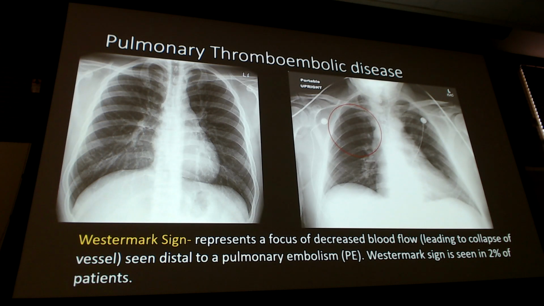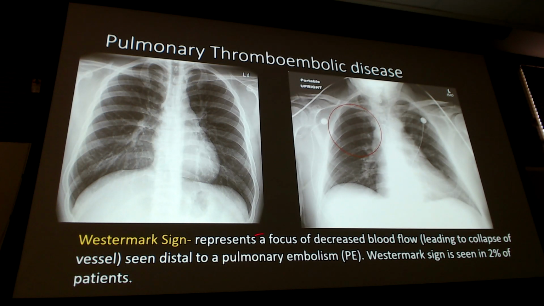So what your Westermark sign is basically saying is that there's decreased blood flow in some of the smaller vasculature, therefore from pulmonary emboli, not the ones in the main pulmonary artery, because they could be in the smaller vessels as well, causing a lack of blood flow to an area of the lung. Which is why when you compare your normal to your abnormal, you see a significant decrease in your lung markings or your vasculature, because there's no blood flowing through those. So it's darker. More air, less fluid.